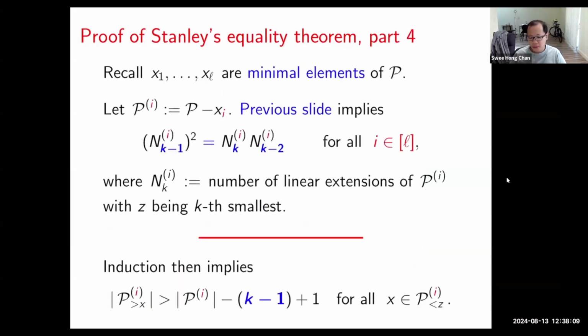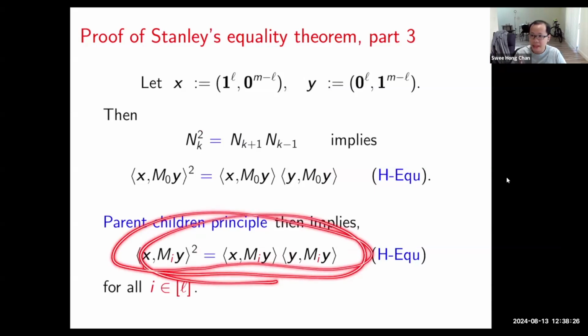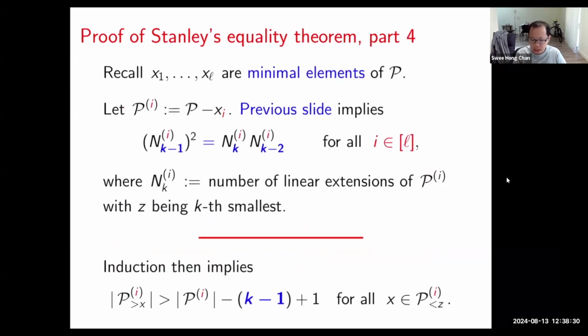Now recall that X1 up to XL are just the minimal elements of the poset. I will write Pi to be equal to the poset P with the minimal elements removed. Then by the definition of the matrix Mi, this hyperbolic equality is equal to saying that nk minus 1 squared for the Pi is equal to nk times nk minus 2.